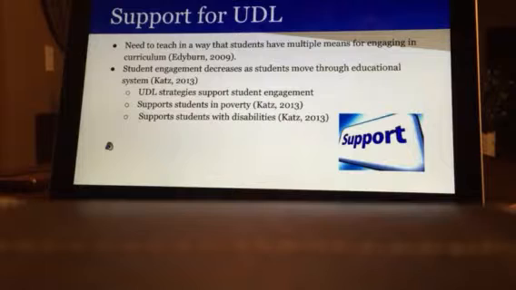Some support for this UDL in the research that I did was by Eddie Byrne. He came up with some thoughts in his journal that we need to, as educators, teach curriculum in multiple meaningful ways, so that students are presented with a variety of information and ways to look at a certain topic.